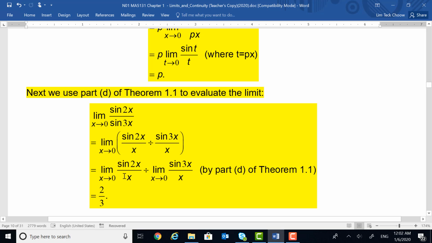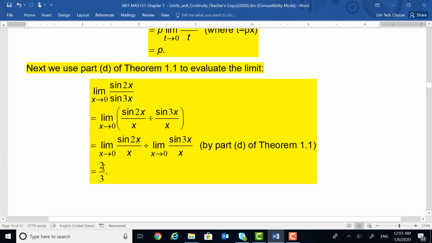So based on that standard result that we had just now, sine of one angle over itself, when the value goes to 0, is just 1. Bear in mind there's a 2, otherwise there's a 3 here. So this limit, and this limit, by just introducing a 2 here and a 2 outside here, and a 3 here and a 3 here, I conclude that the limit of this will just be 2 over 3.